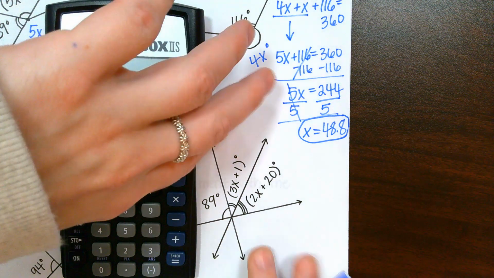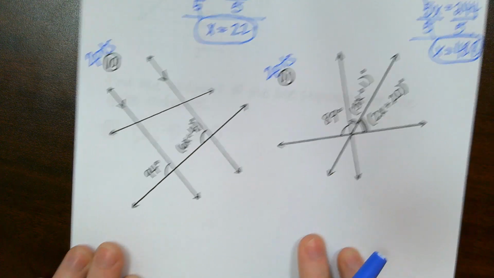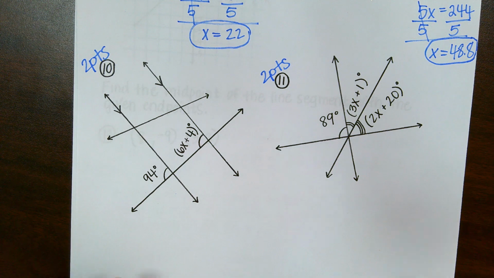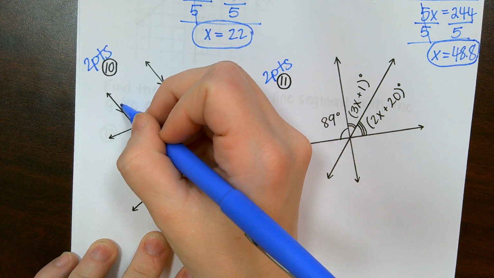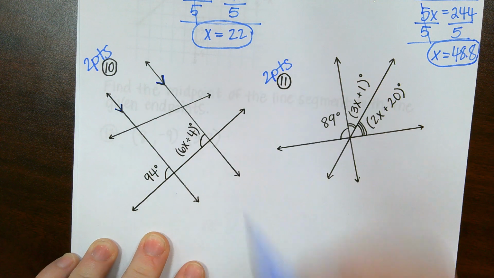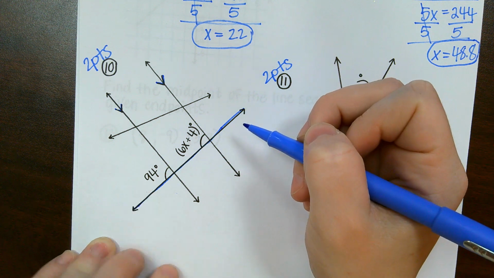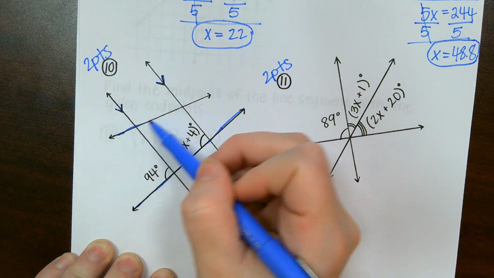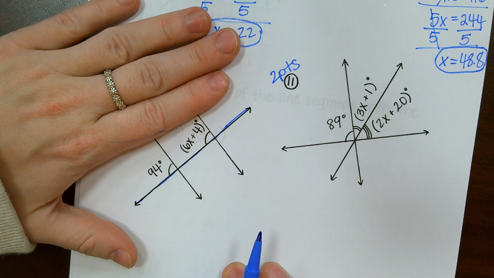So now we can go to the next one. Number 10. Again, I've got 2 parallel lines, and I can tell because I've got arrows on my lines that indicate these are parallel. So because we've got a third line here, we've got a transversal. Well, we've also got a transversal here. This is extra information. We don't really need it.